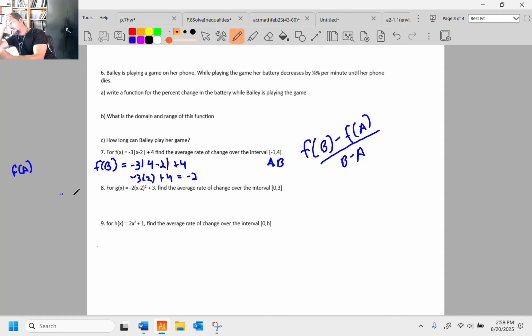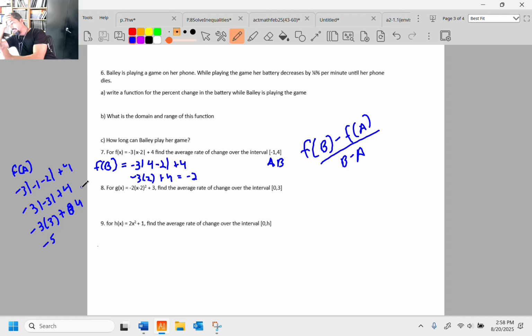And to find f of a, I'm going to plug in a -1. So -3 absolute value of negative 1 minus 2 and then plus 4. Negative 1 minus 2 is negative 3, and the absolute value of negative 3 is 3. Negative 3 times 3 is negative 9, and negative 9 plus 4 is negative 5.